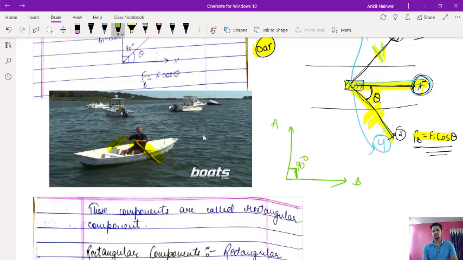So they try to make the form of a rectangle, so we call them rectangular components. These are the special components. We are only concerned with these components because they give the maximum resultant force. With the help of these rectangular components, we give the maximum resultant force.